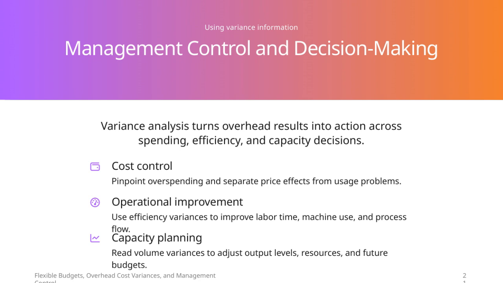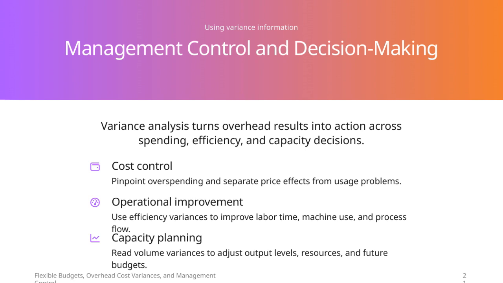Variance analysis helps transform overhead results into actionable insights across three key areas: spending, efficiency, and capacity decisions. First, in cost control, variance analysis allows managers to pinpoint exactly where overspending is occurring and helps separate the effects of price changes from issues related to usage. This clarity is vital for targeted cost management. Next, operational improvement benefits significantly from efficiency variances.